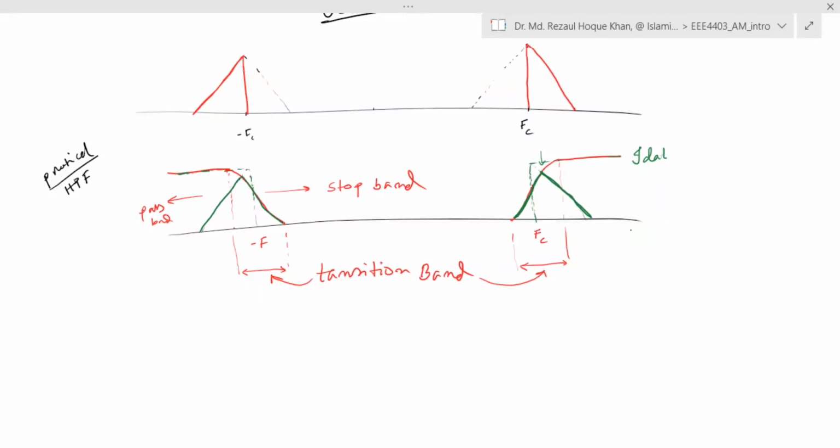See here, this portion is not included, but this portion got included by the filter. Same thing here: this portion was not included, but this portion got included from the additional part. So here should be FC. The excess amount is this, so this is FC plus FM.